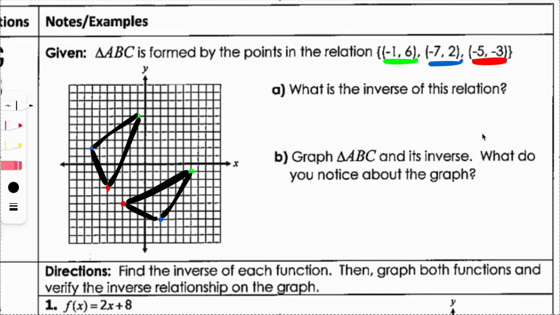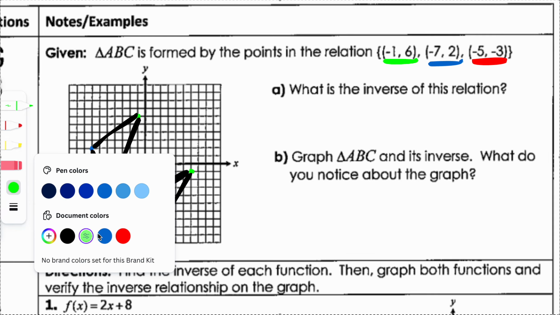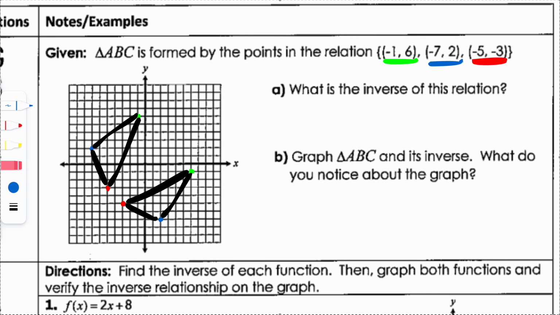And so I want you to think about this. What do you notice about the graph? What does it look like we did to it? Well, what we actually did, and what we do with any inverse, is we reflected it across this line, y equals x.